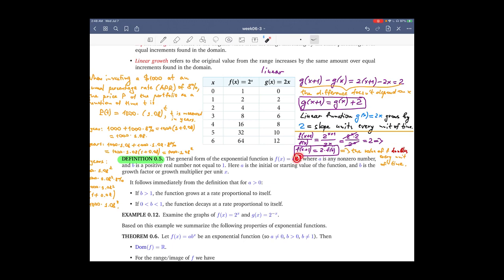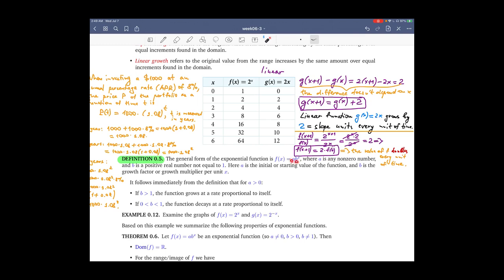B, the base of this power, is necessarily positive, because if b were negative, you would have problems when you raise that number b to negative powers. There is no way to unambiguously define the power of a negative number unless that power is a natural number.